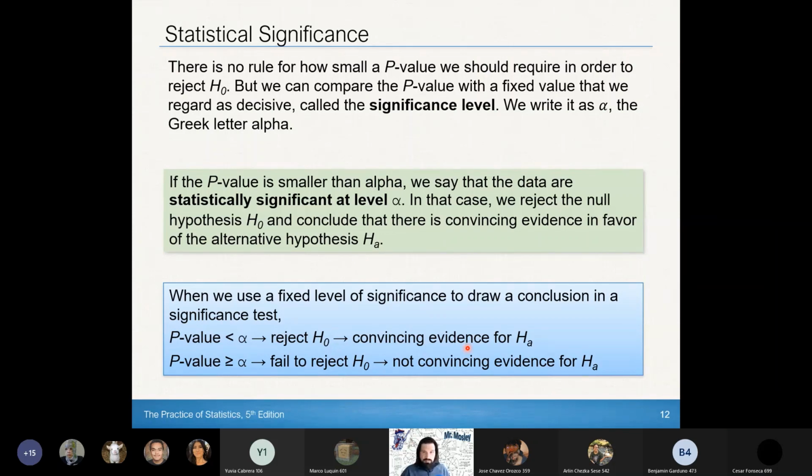When the p-value is large, greater than or equal to alpha, we fail to reject H0 and we do not have convincing evidence for the alternative. Our significance level, alpha, gives us that kind of cutoff mark to say if this thing is small or large, which is incredibly helpful when trying to decide how we make our conclusion.